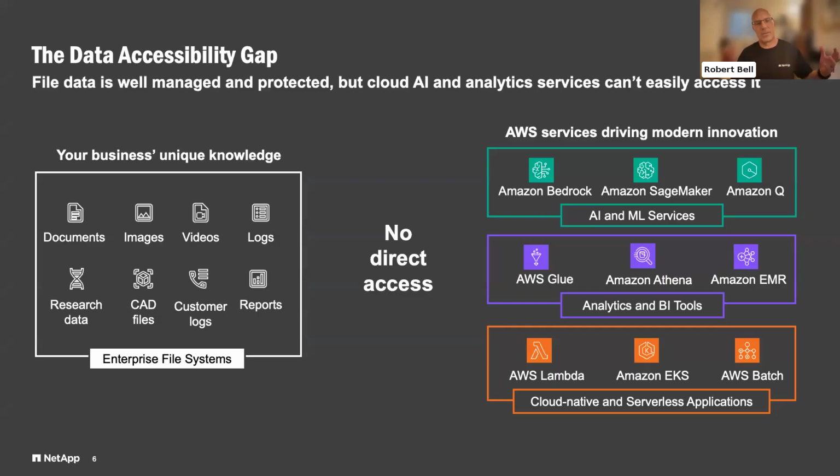enterprise file systems are something that have been around for decades. So there are enterprise systems that generate these files, and this is the core knowledge, the unique knowledge that every organization has.